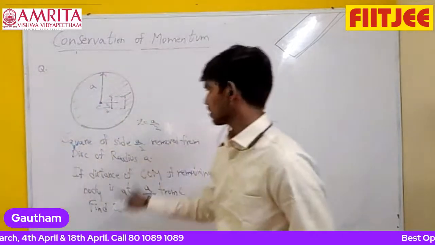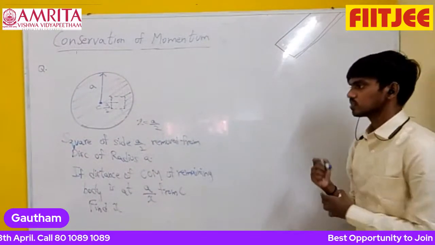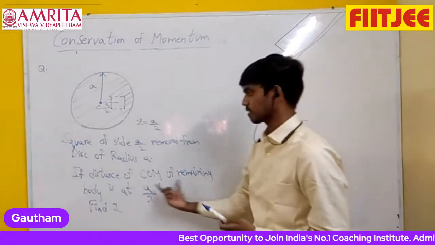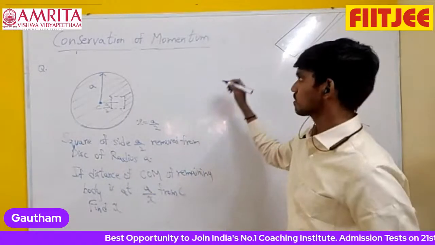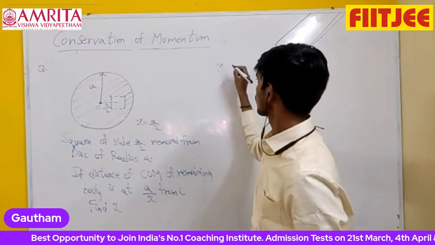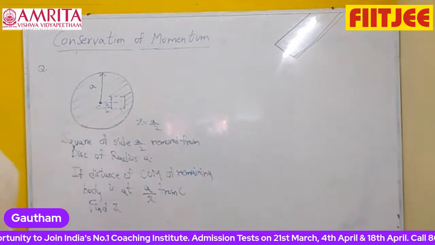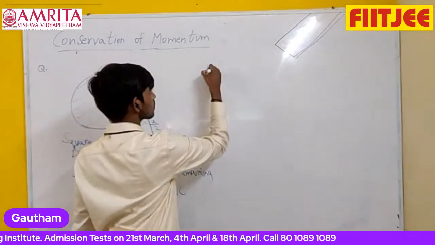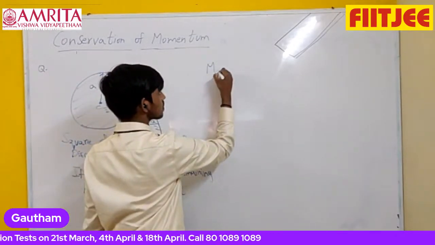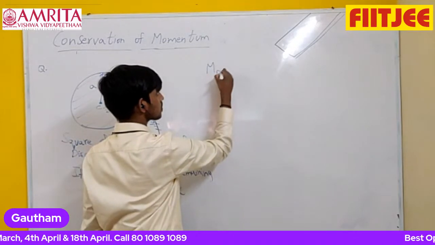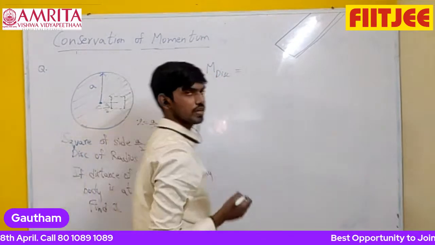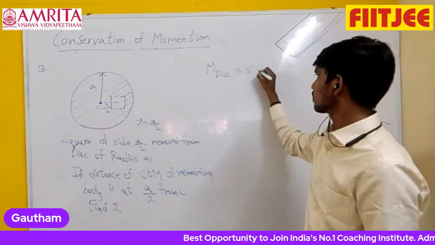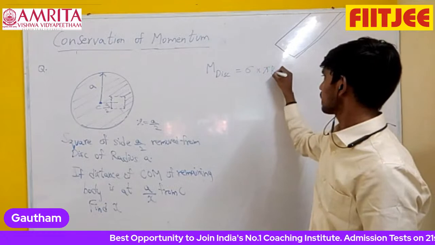So இங்க பாத்தீங்கன்னா center of mass of the system கண்டுபிடிக்கணும் remaining body. So first mass of the disk will be equal to, since it's circle, sigma into area of the disk, which is pi r square.